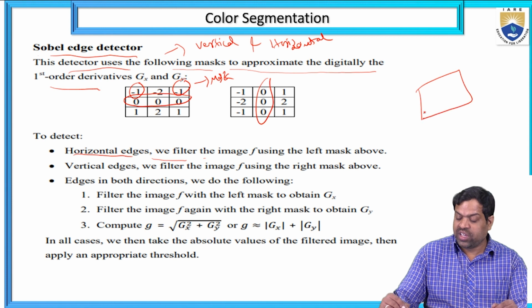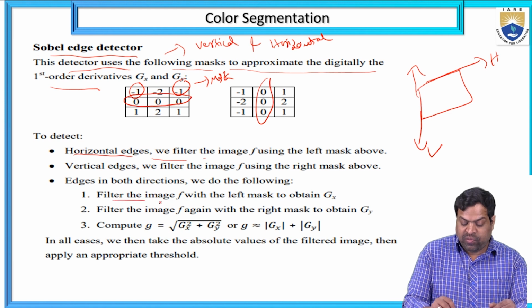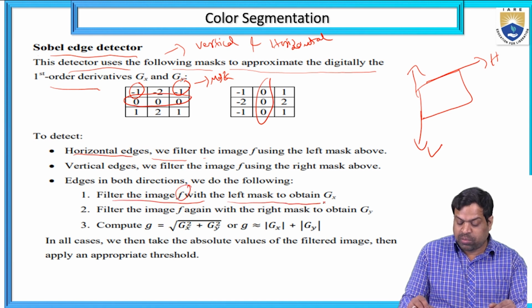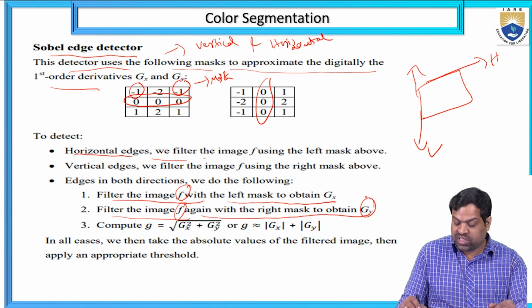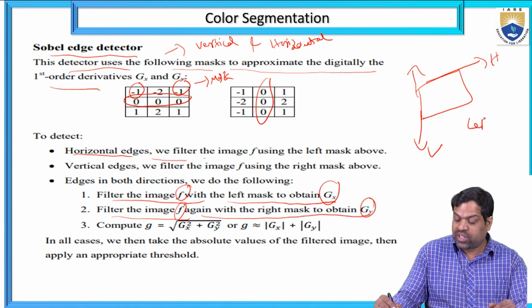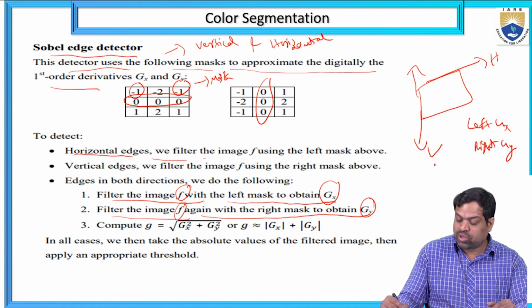So first we take the horizontal and vertical: the left mask gives Gx, the right mask gives Gy. Both means left plus right, Gx plus Gy.